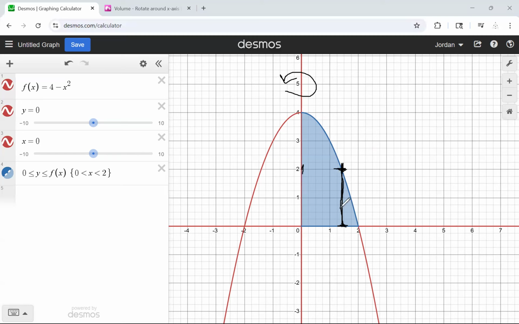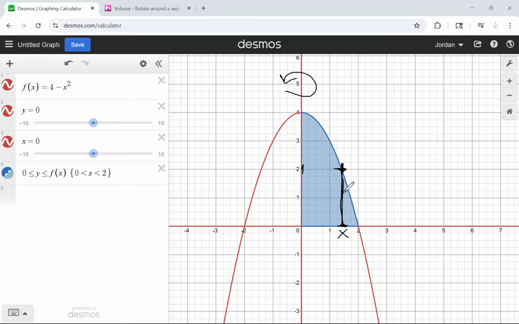Okay, so the height of the rectangle gives me the height of the cylinder, and the radius of the shell is going to be at whatever value we're at here, at some x value, down to 0.